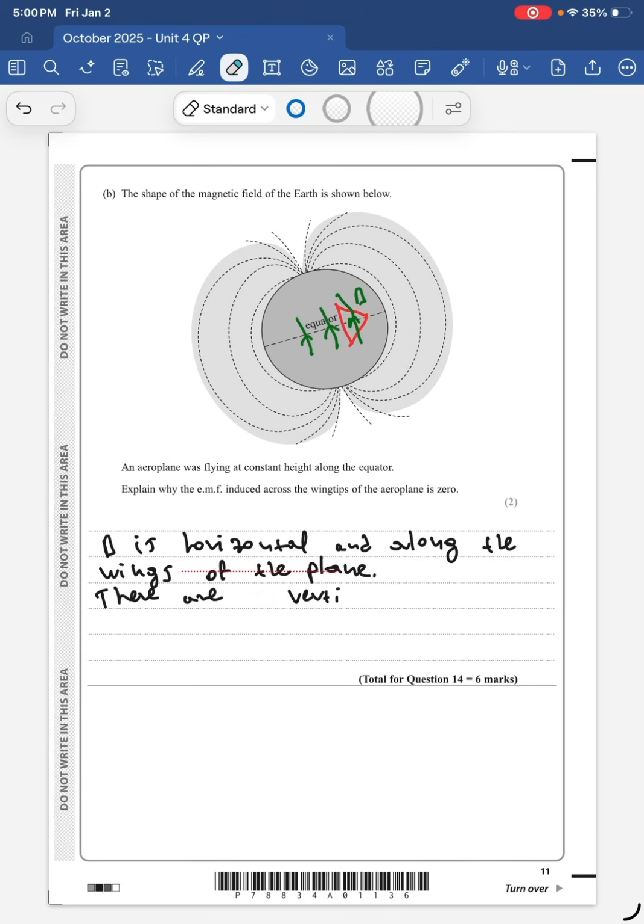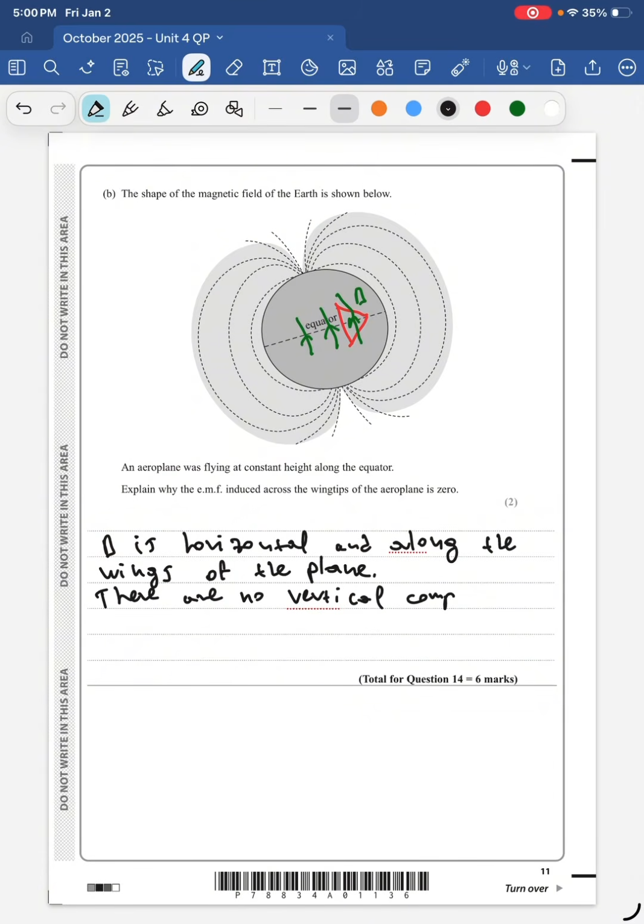Again, I made a promise to make better handwriting, so I'm going to try. So no vertical components, so no change in flux. Hence no EMF. And that's the answer.